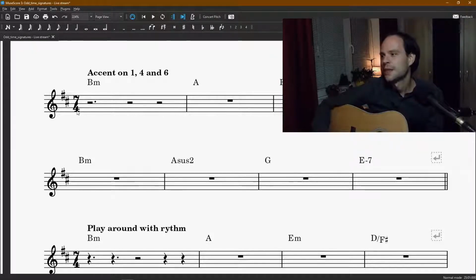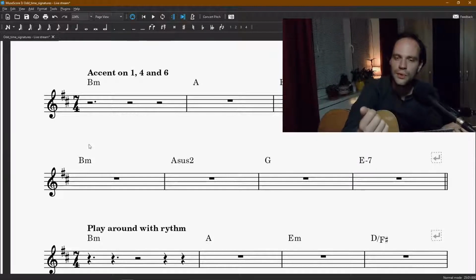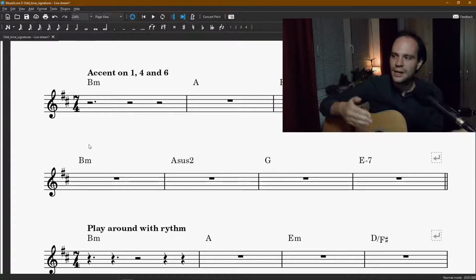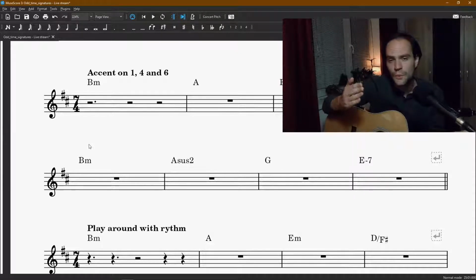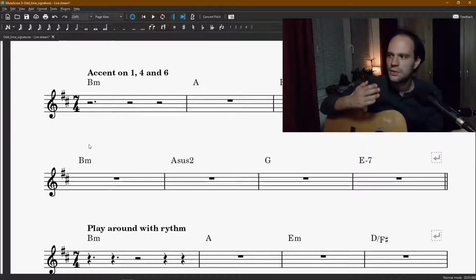Ah, yes. The difference between 6/4 and 3/4. I did not write it down here, but the difference between 3/4 and 6/4 is the accent. With 3/4 you have 1 2 3, 1 2 3, so you always have on the 1 this heavy moment or stress.